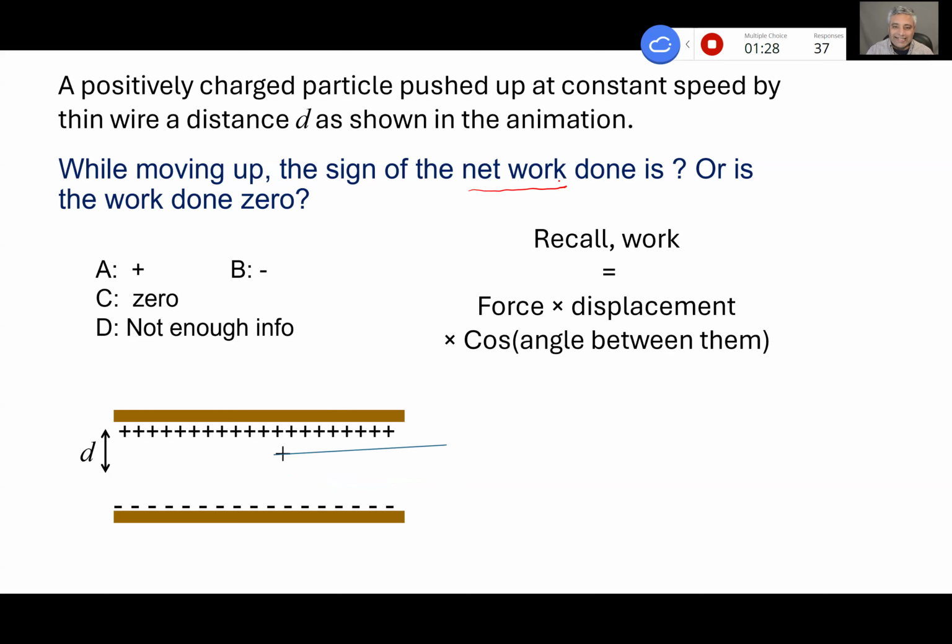Let's do 30 more seconds. Oh, turns out my microphone is very far today.